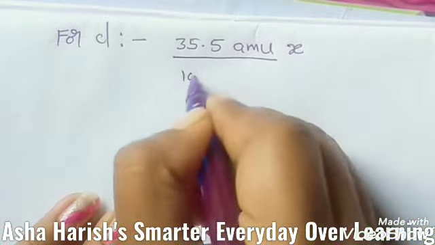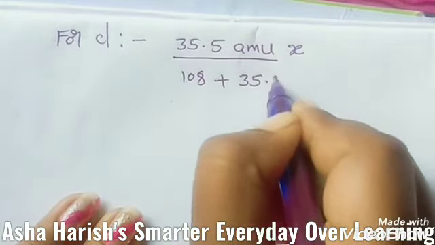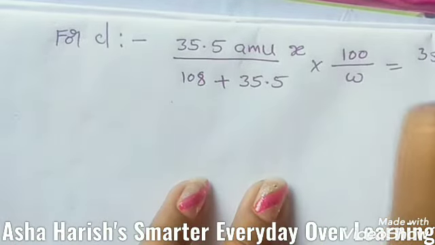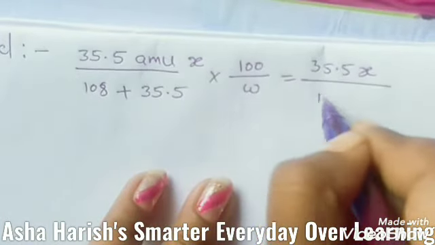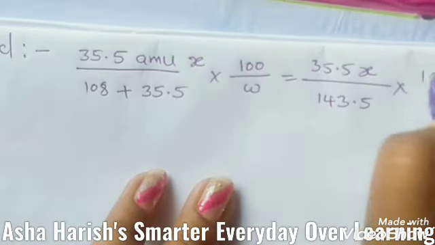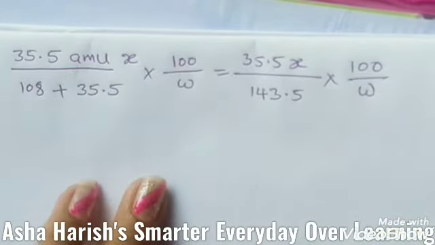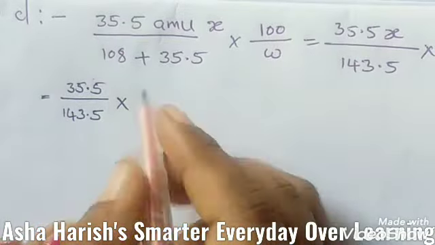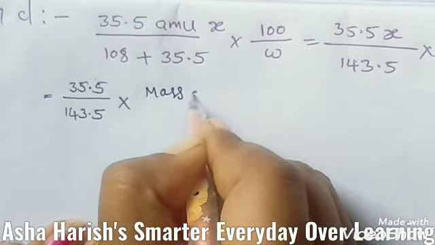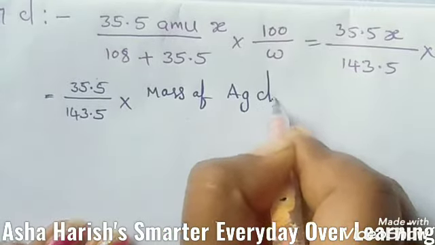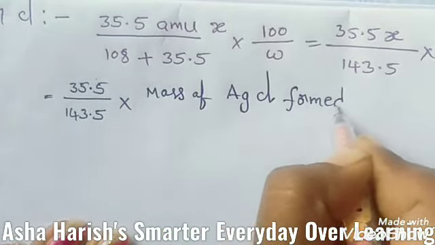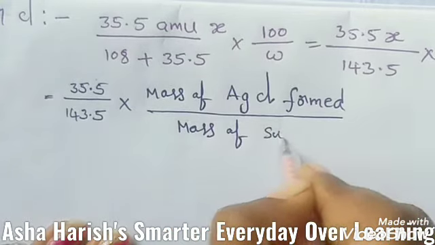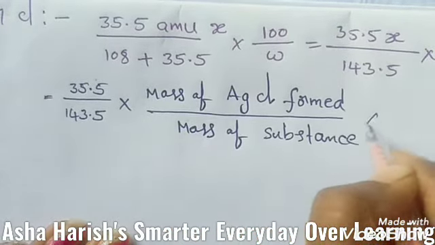35.5 X by 108 plus 35.5 into 100 by W is equal to 35.5 X by 143.5 into 100 by W, or the percentage of chlorine is equal to 35.5 by 143.5 into mass of AgCl formed by mass of the substance what we have taken, then students, mass of the substance into 100.